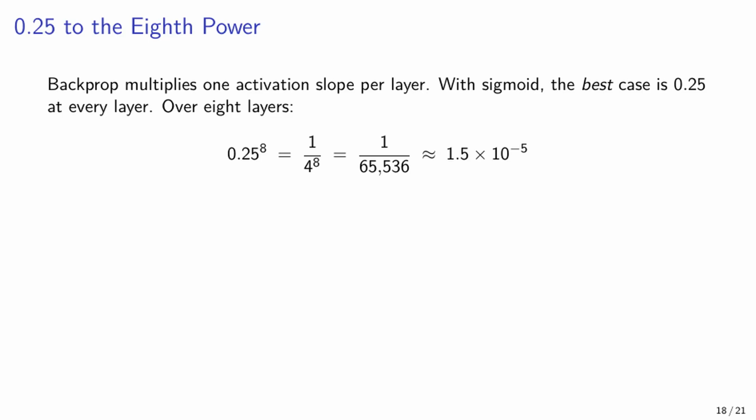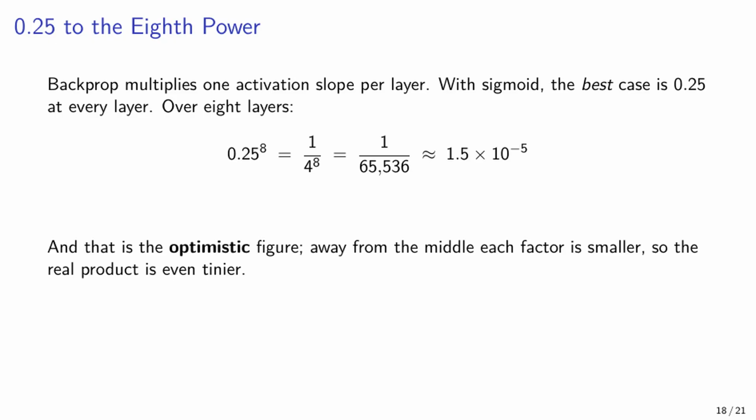Put the numbers in. Backprop multiplies 1 slope per layer, and with sigmoid, the best case is 0.25 at every layer. Over 8 layers, that is 0.25 to the 8th power, which comes out to about 1.5 times 10 to the minus 5.